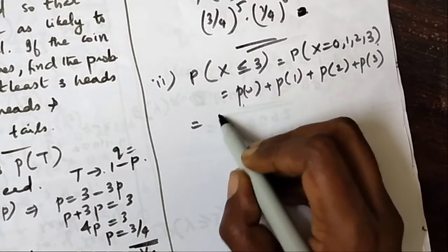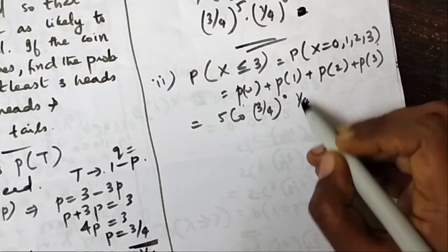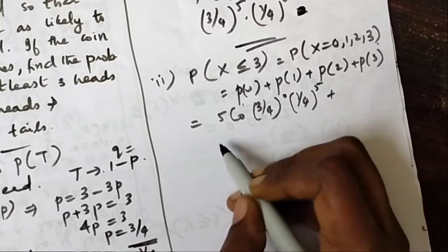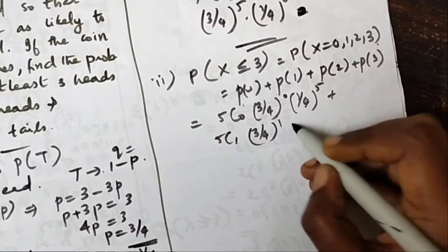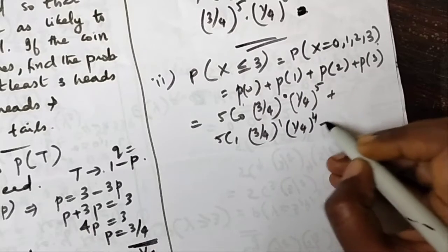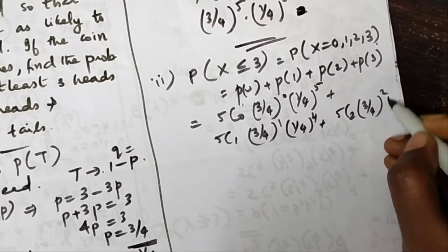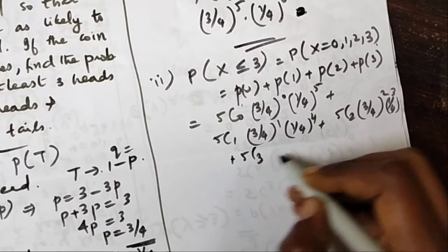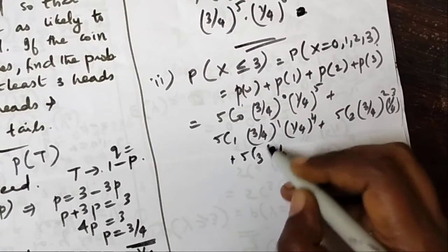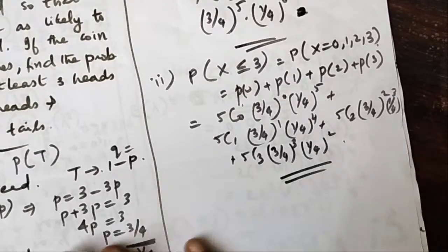So it is 5C0 (3/4)^0 (1/4)^5, 5C1 (3/4)^1 (1/4)^4, 5C2 (3/4)^2 (1/4)^3, plus 5C3 (3/4)^3 (1/4)^2. Okay.